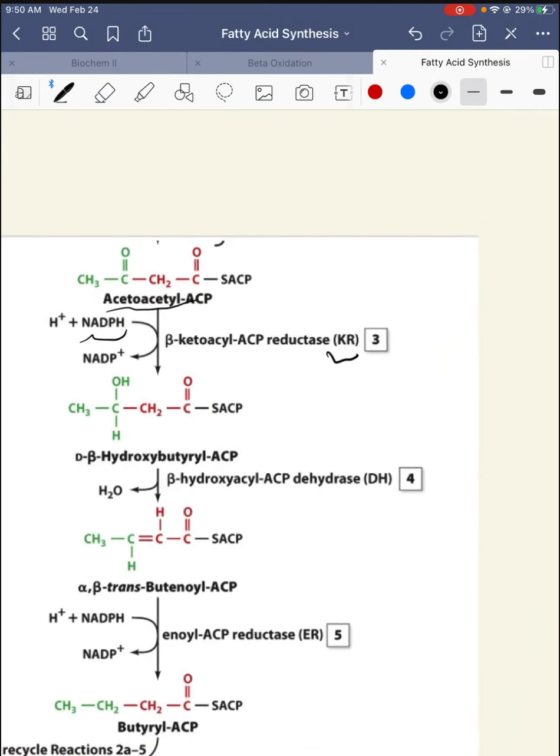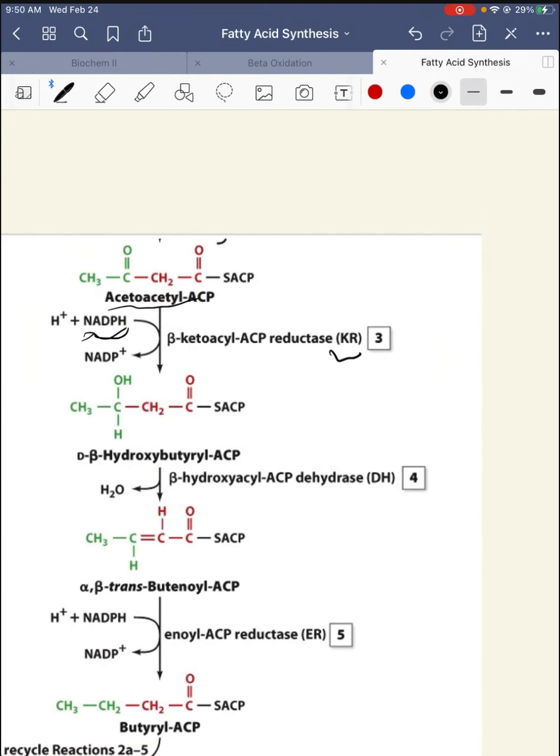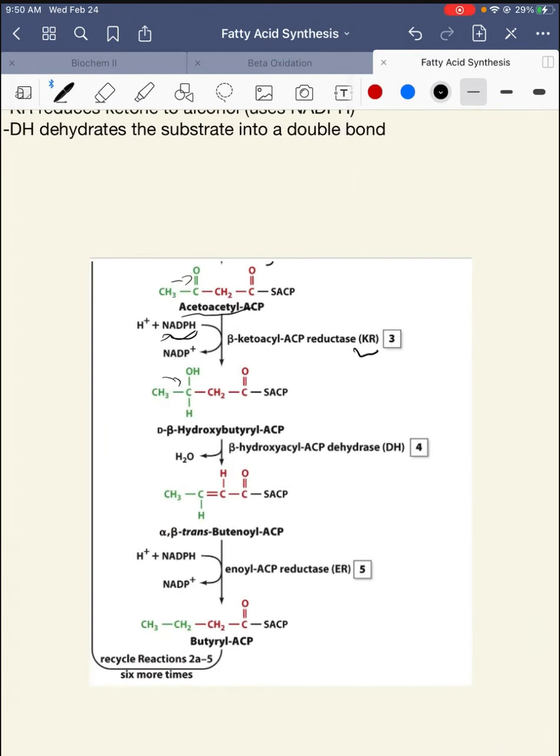So KR uses NADPH, and it reduces this ketone to an alcohol. Okay, so we get the D-beta-hydroxybutyryl-ACP when we run that reaction.